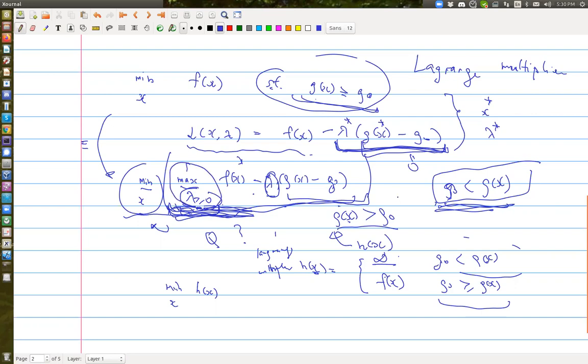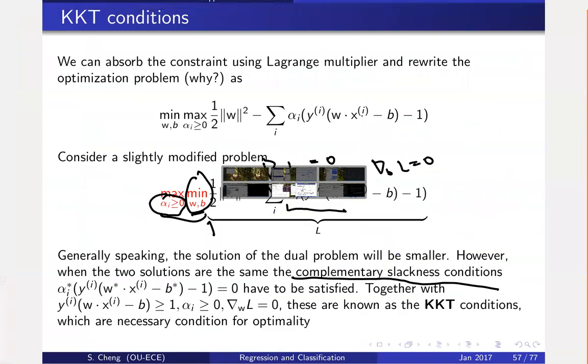If this part is non-zero, then from the first optimization problem, to maximize this I would have to force lambda equal to 0, so the whole thing will be equal to 0. And if this part is already 0, meaning g of x minus g0 is already 0, then of course the whole thing will be 0 as well. So in either case, this thing will be equal to 0. Is that clear? So that is the complementary slackness condition.